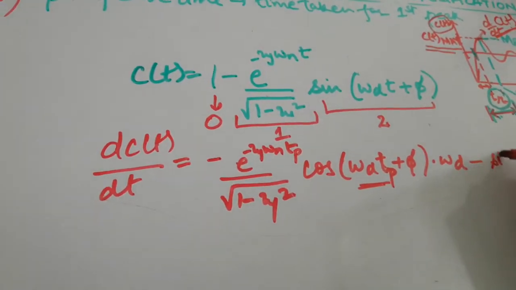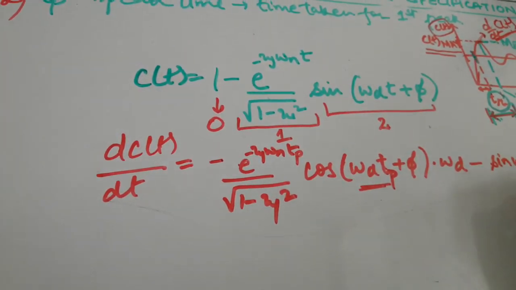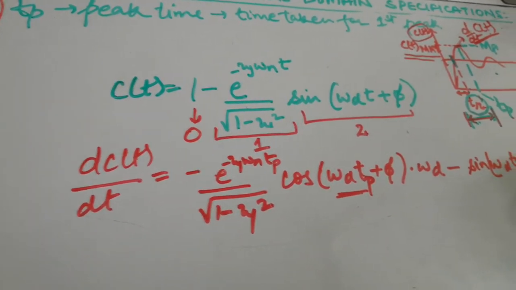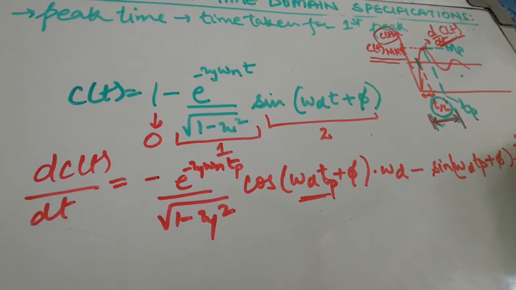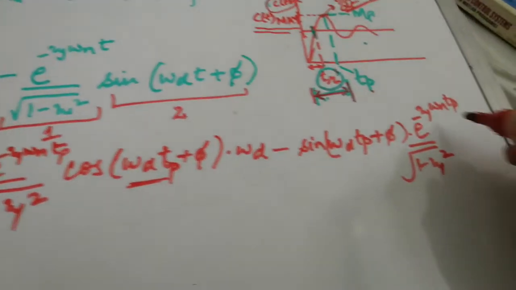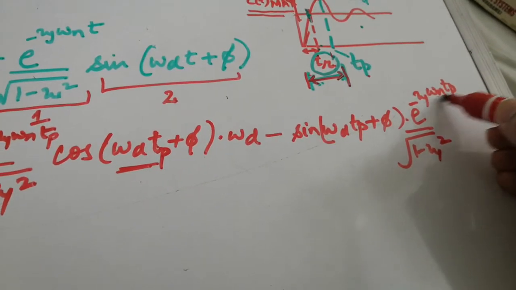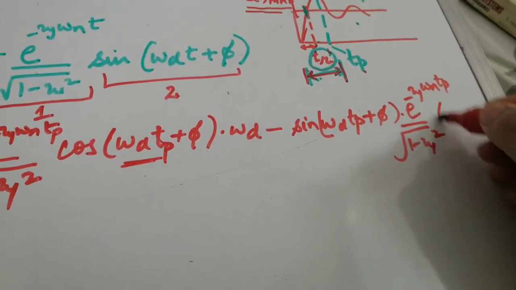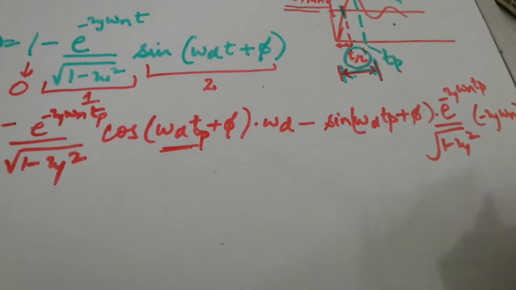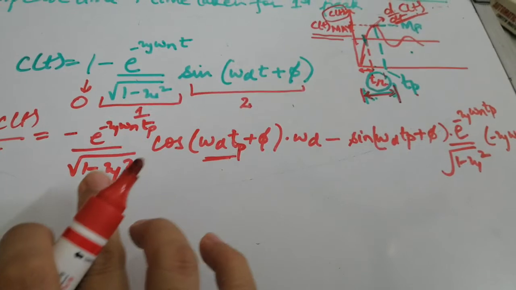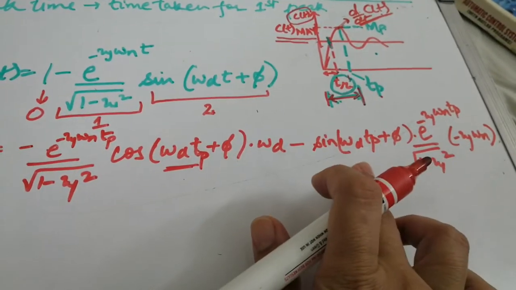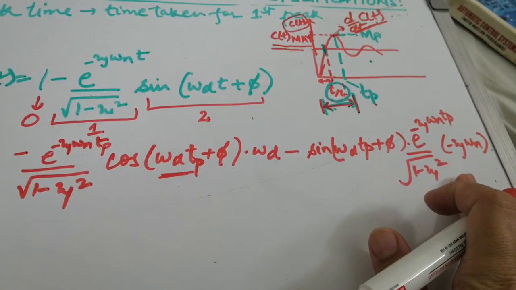We are going to keep this part as such, omega d tp plus phi, into the derivative of the exponential term, that is omega n tp divided by under root of 1 minus zeta square. That is always written as such, but we have to take the derivative of this term, that is going to give us the value of minus zeta omega n. So I think this is clear: keeping the first part as constant, taking the derivative of the second one, then keeping the second part as constant, taking the derivative of the first one.